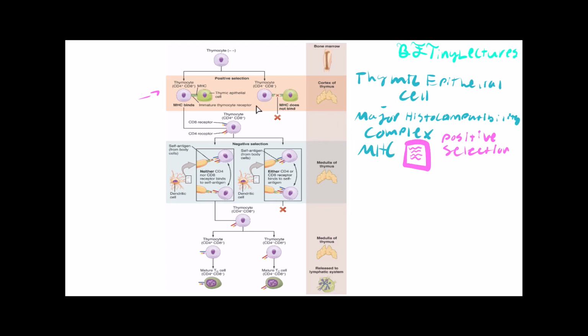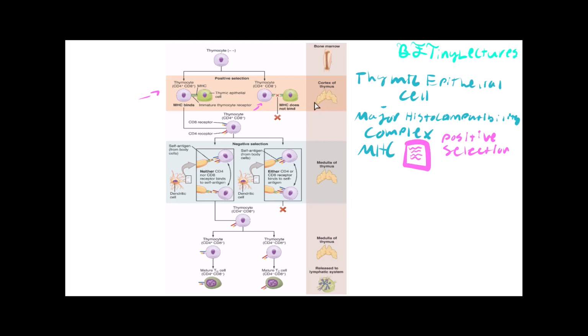However, this thymocyte cannot read the major histocompatibility complex. It can't read this piece of paper. And if you can't read, then most likely you're not going to go to university. You're going to be kicked out. And unfortunately for this thymocyte, they are killed by the thymus, and so they are kicked out of Thymus University.